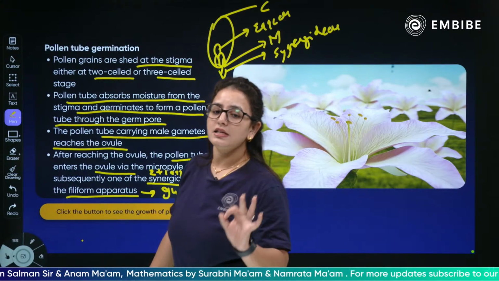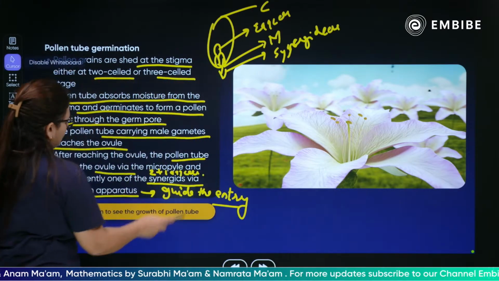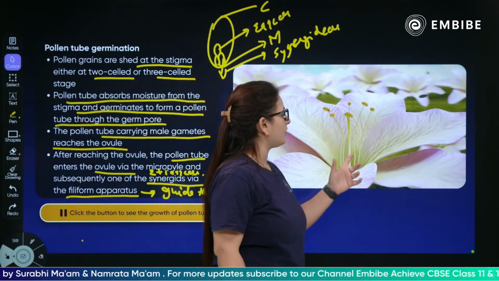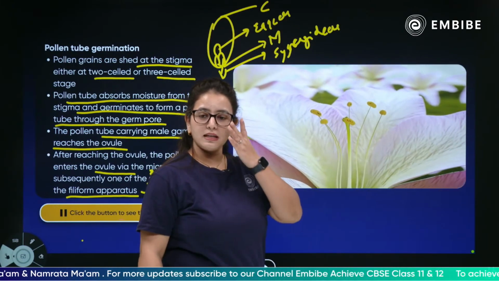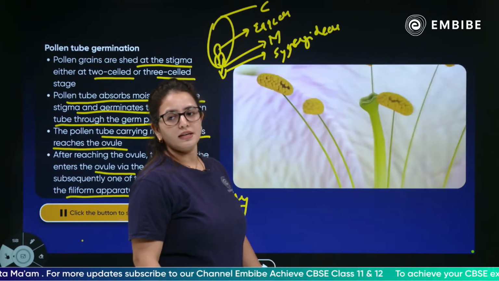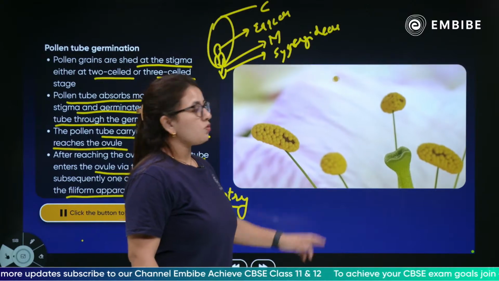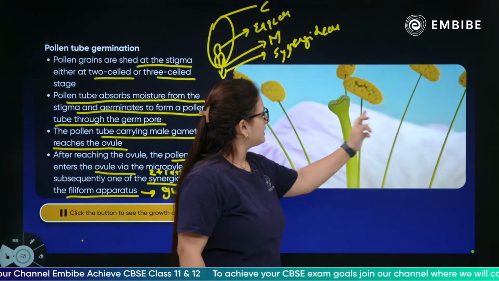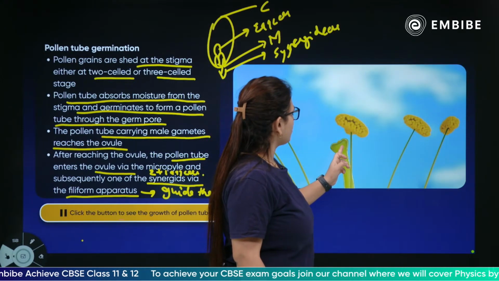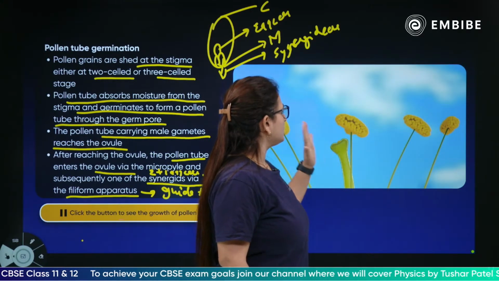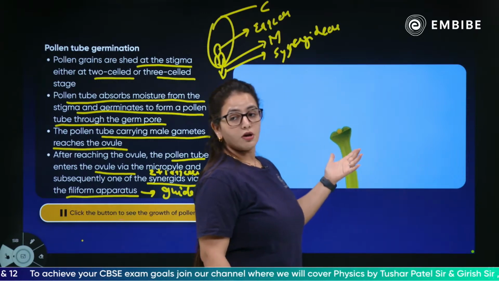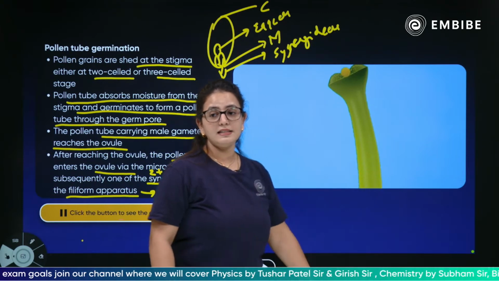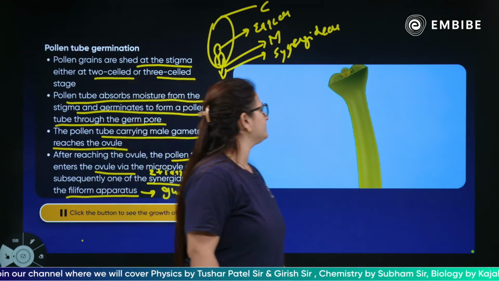Let's see how this is basically taking place. Can you see clearly? It will be visible over here. Let's see how the pollen tube is moving towards the ovule. The moment the pollen lands on the stigma, this is how the pollen tube formation takes place.